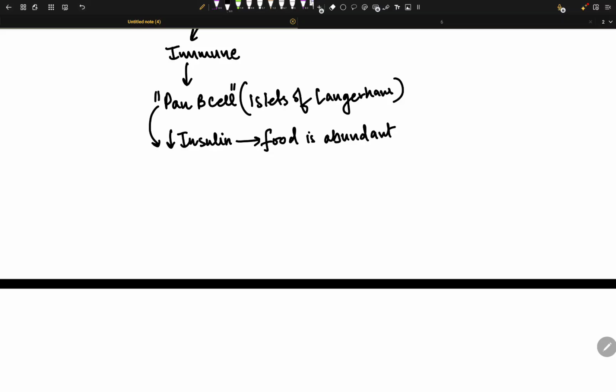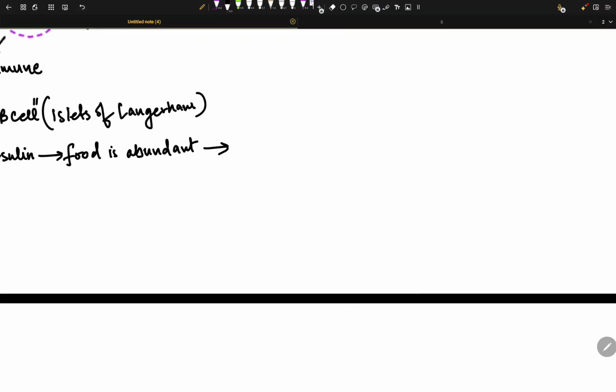If this message is destroyed, then on the liver level, the liver will think that, oh my God, there is no food. Therefore, first of all, the liver will try to increase the blood sugar. So it will increase blood glucose. And how would the liver do so?